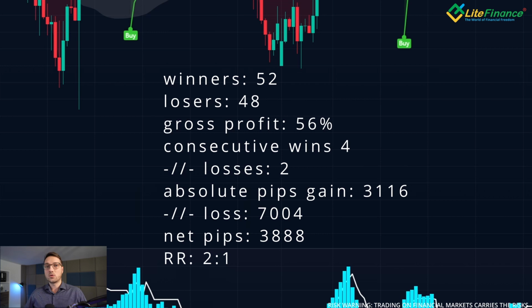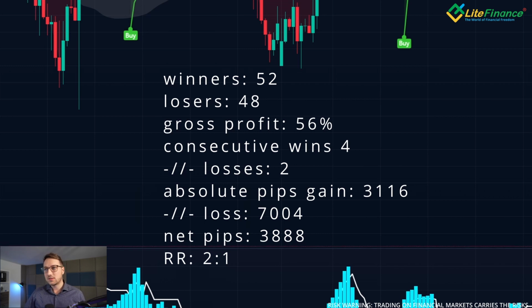And as for the overall profit, the gross profit, it is of course because this backtest doesn't include any of the commission and the spread costs. So it is 56% because we are trading risk reward ratio 2 to 1. So you can easily calculate if you have those numbers.